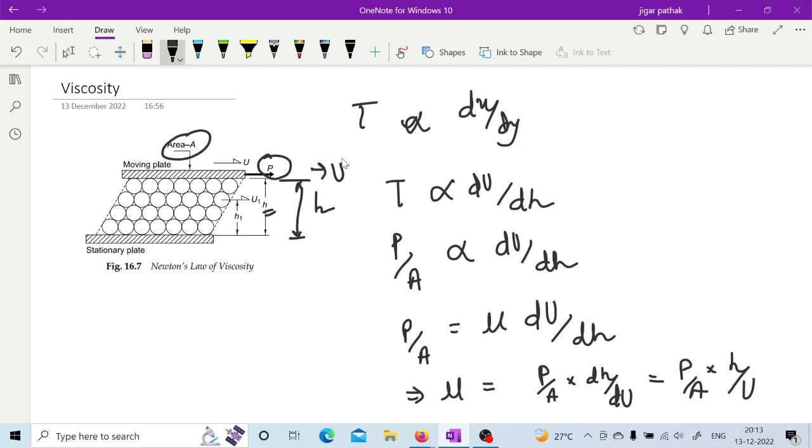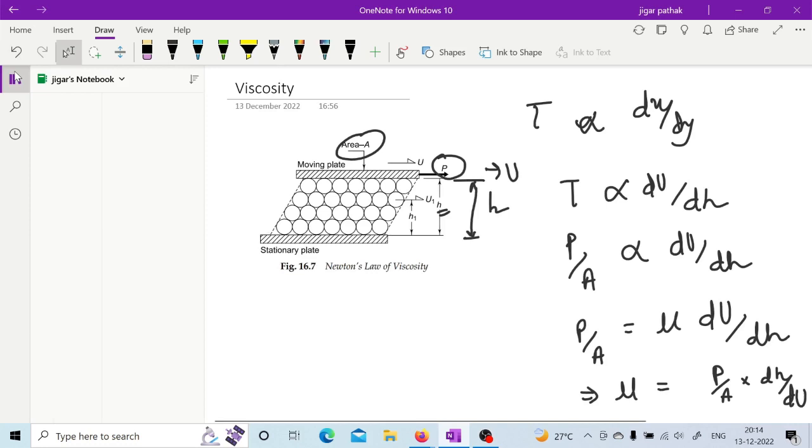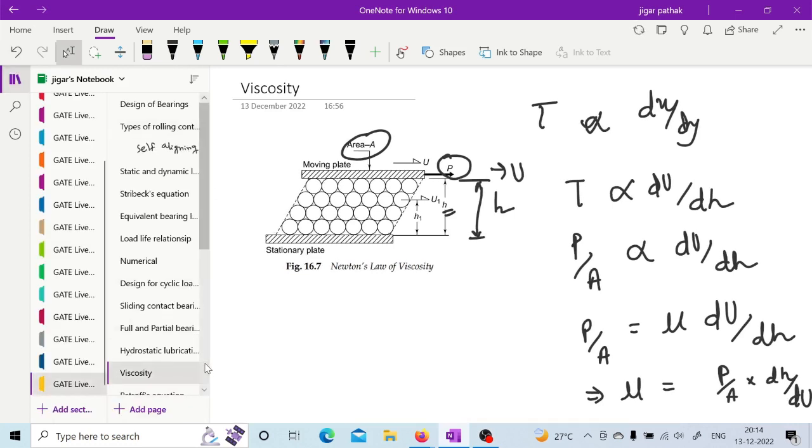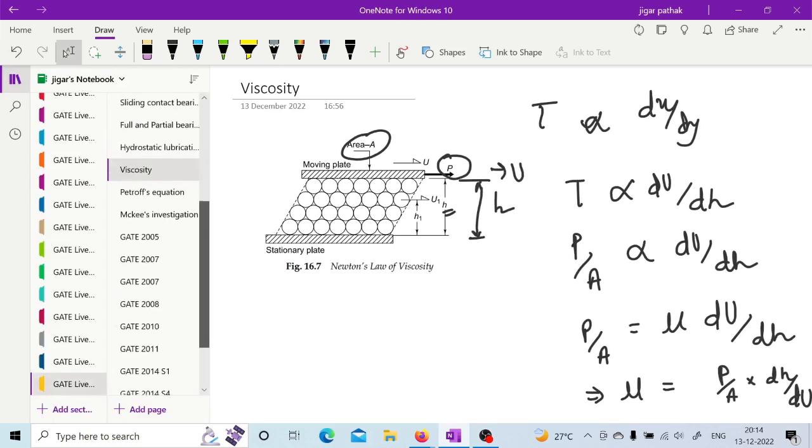So at that particular point this mu can be represented as P by A into h by u, and the unit is Newton second per mm square, so basically megapascal into second. So this is how this viscosity is there for this particular fluid, right.